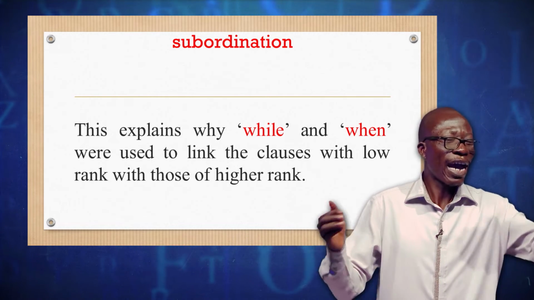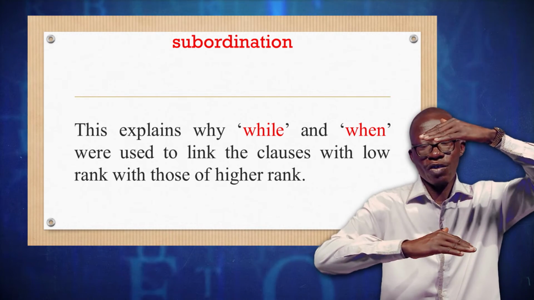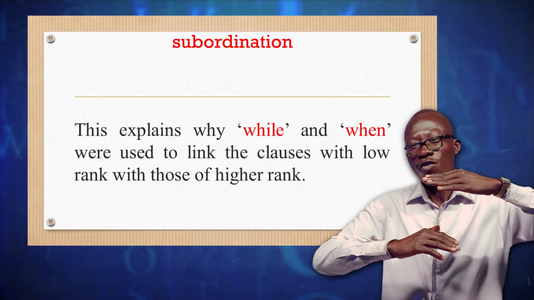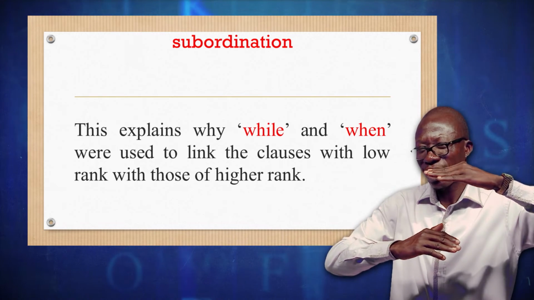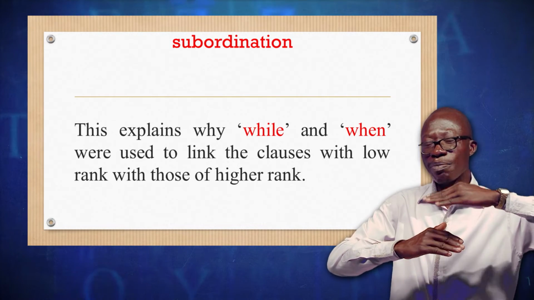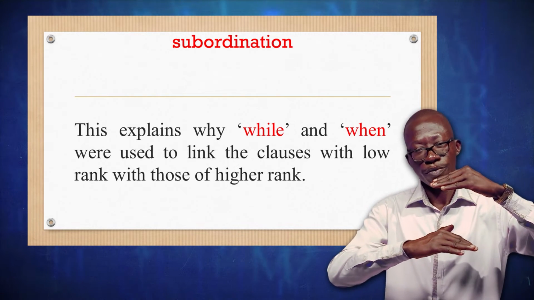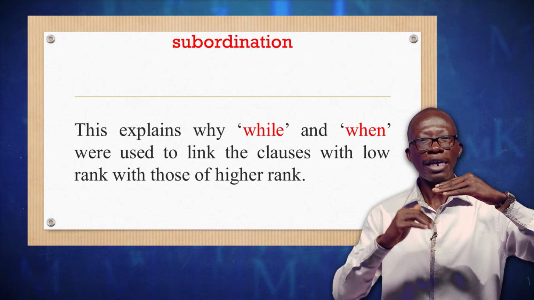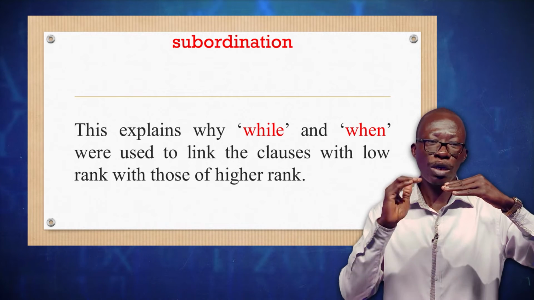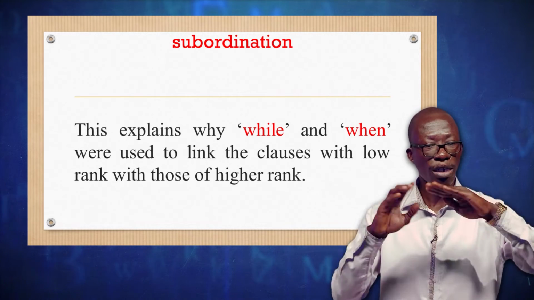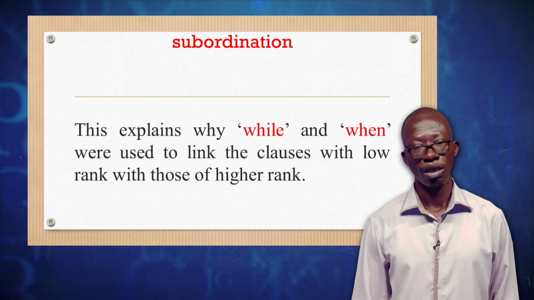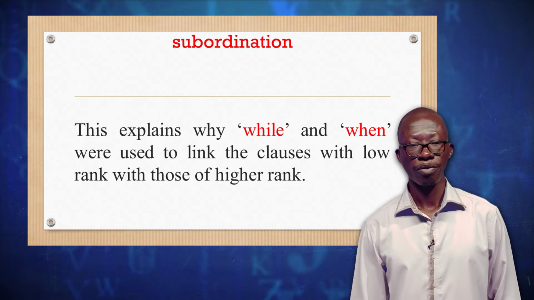A main clause is of a higher rank than the subordinate clause. A main clause is of more importance in the eyes and in the interpretation of the speaker than a subordinate clause, lower rank. That is why the speaker used the words while and when, linking those two clauses in our previous sentences.